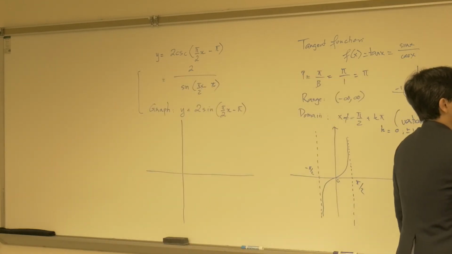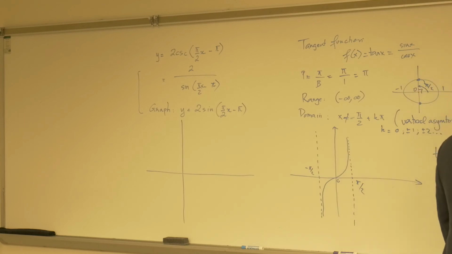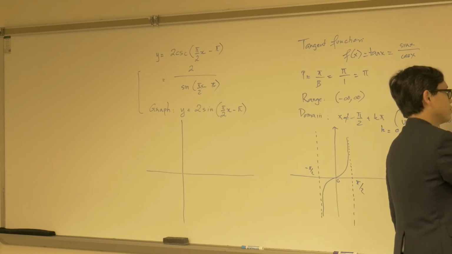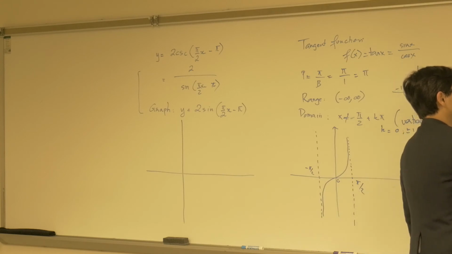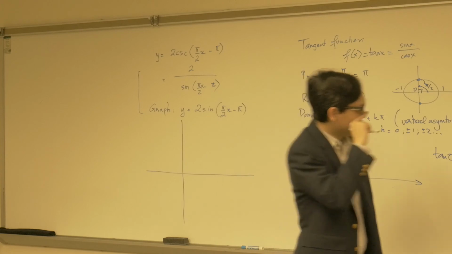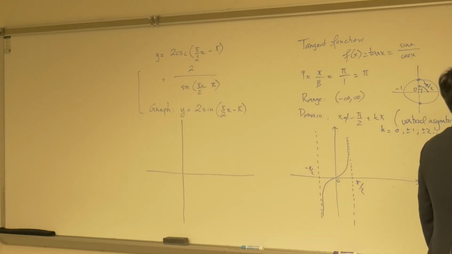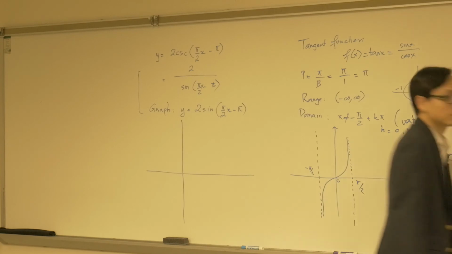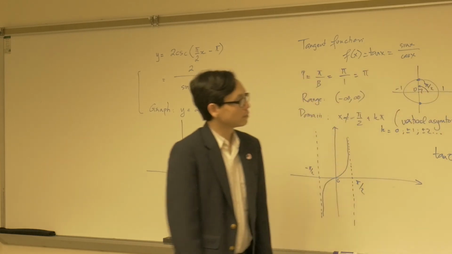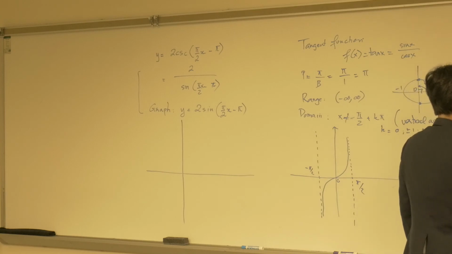So we're going to let pi over 2 x plus pi over 4 equal to 0. This is the phase shift, and we need to see whether it is moved to the left or to the right. So this turns out to be pi over 2 x equal to negative pi over 4, right? And x equal to what?